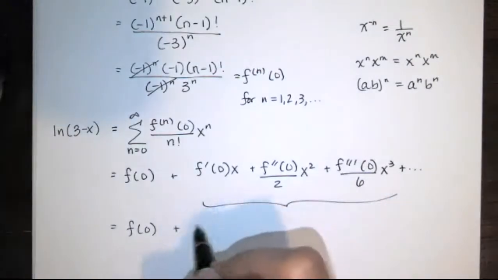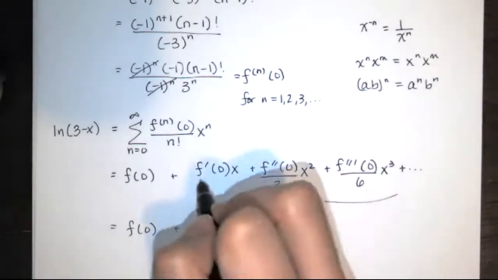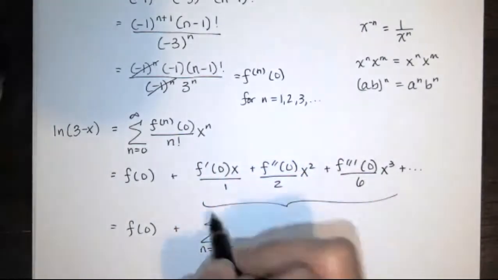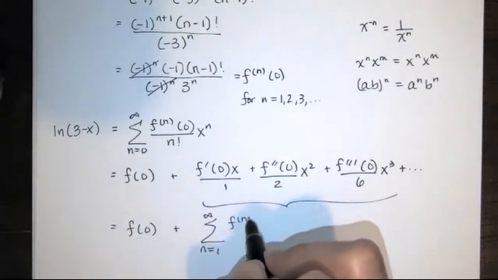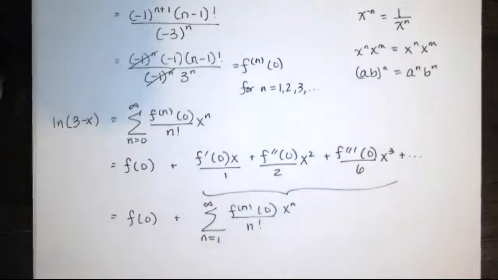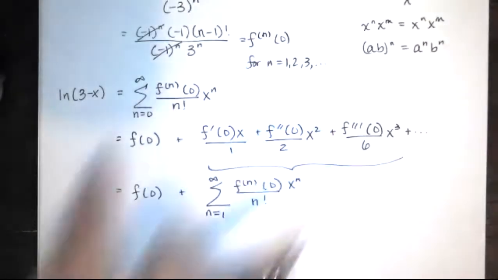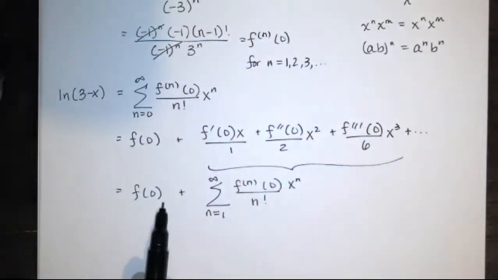So this part here can be written just at once with an infinite series. Well, the sum as n goes from not 0, but 1 to infinity of the nth derivative of f at 0 times x to the n over n factorial. We just took out the n equals 0 term right there because that doesn't match that pattern. So we'll just have f of 0 here.